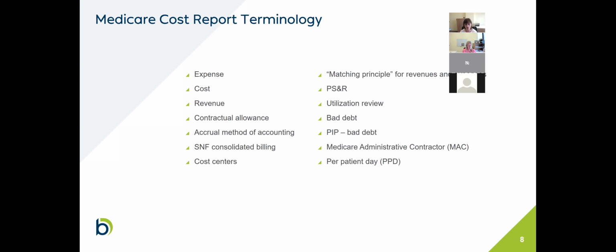We will have some more information about it later in the presentation. But basically, it shows all the charges you submitted to Medicare and all the payments that Medicare made to your facility.